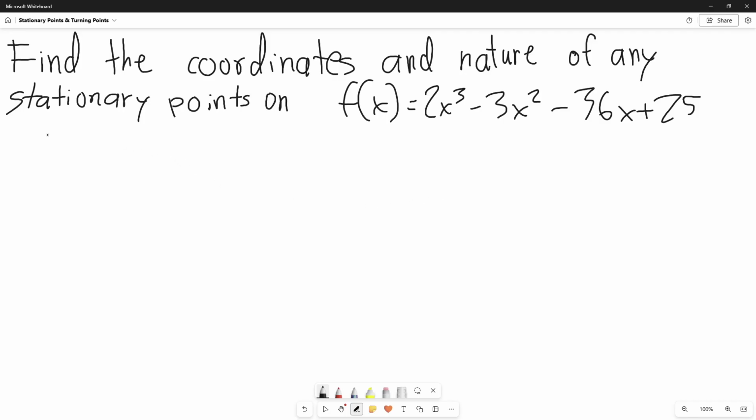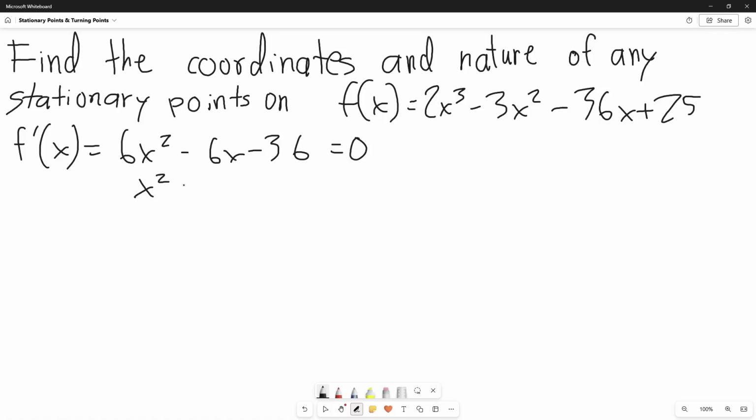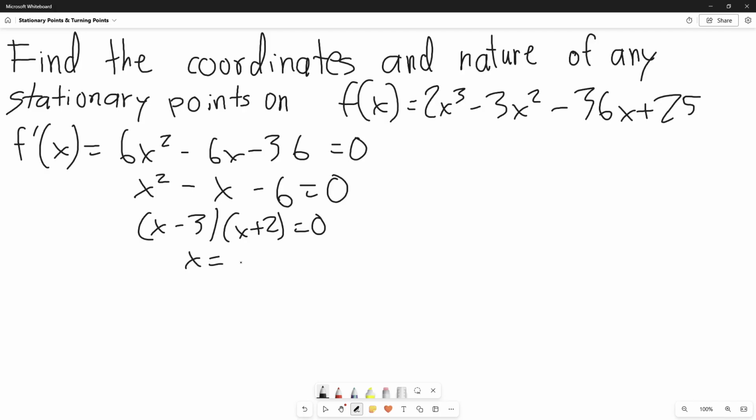And as always, to find your stationary points, we take the first derivative, f prime of x, and this will be 6x squared minus 6x minus 36, and set it equal to 0. We can factor out a 6 out of all these terms, so this turns into x squared minus x minus 6 equals 0. You can factor this out pretty easily, and you get x equals negative 2 or 3.